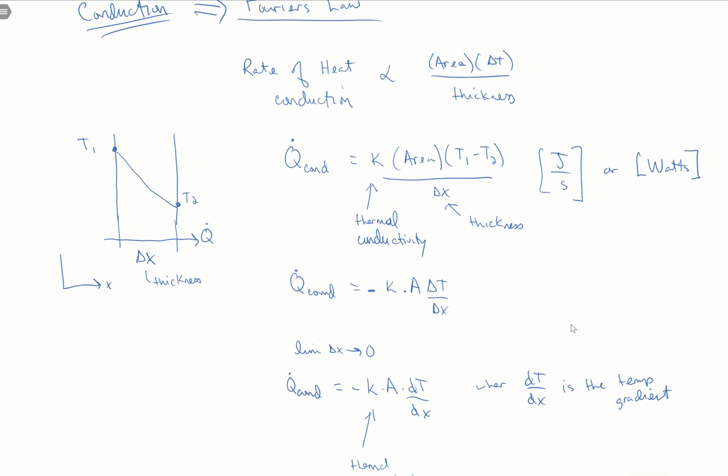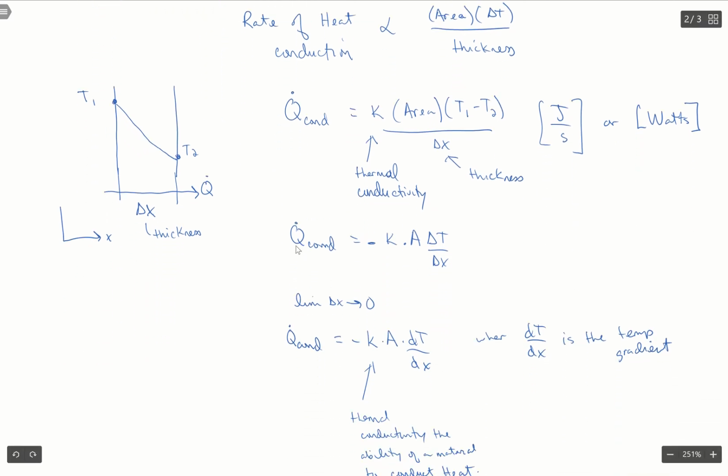Let's take a look at this equation a little bit deeper. Q dot is the rate of heat conduction, and that's equal to negative K, the thermal conductivity, times the area times the change in temperature divided by delta X. This negative comes from changing this temperature difference into a delta T, where you go final minus initial.